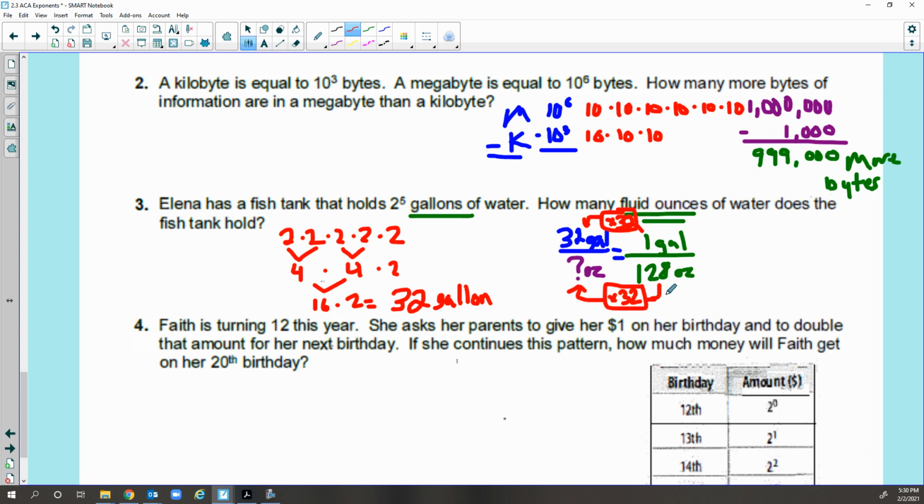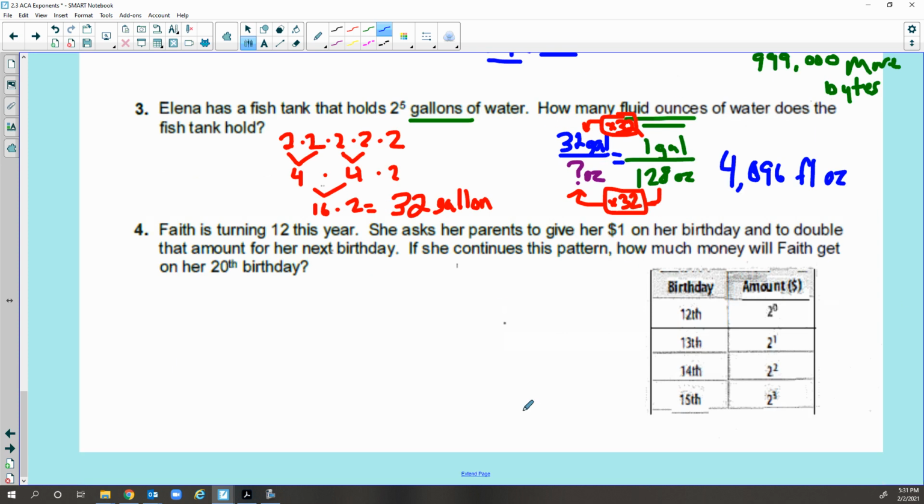So 128 times 32, friends, that's going to give us quite a bit here. All right, so when I take 128 times 32, that's going to leave me with 4,096. That was a terrible zero. Sorry, guys. Fluid ounces. Yikes.